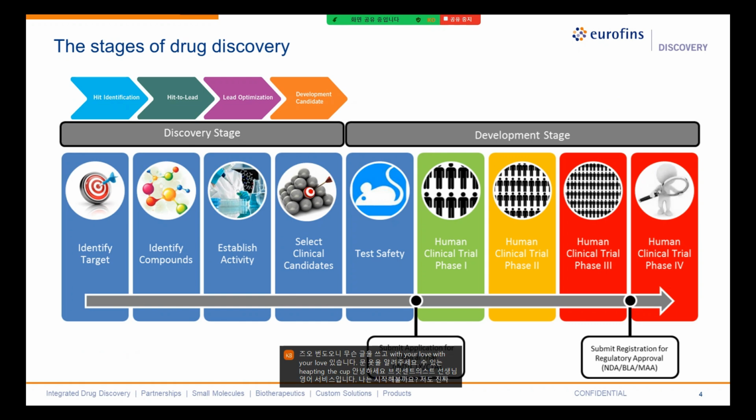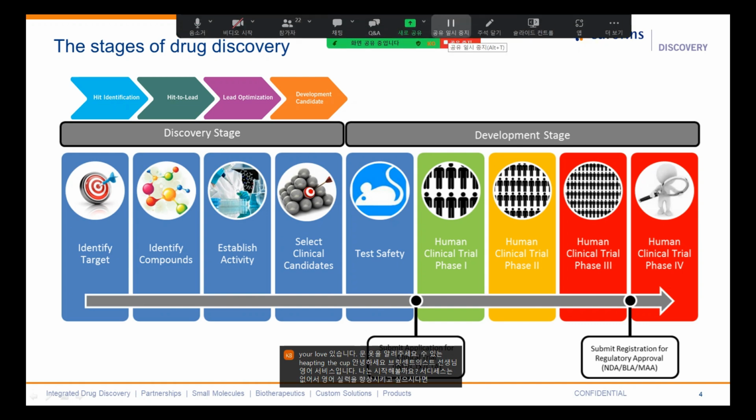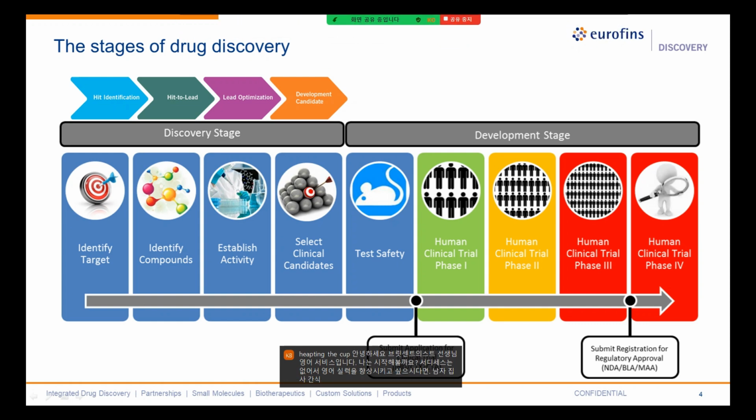So this is an overview of the typical drug discovery pathway. And it outlines the different activities from identification of a target through identification of compounds or hits from a screening process, through establishing activity, optimizing that activity, and ultimately selecting a candidate for evaluation in clinical testing.